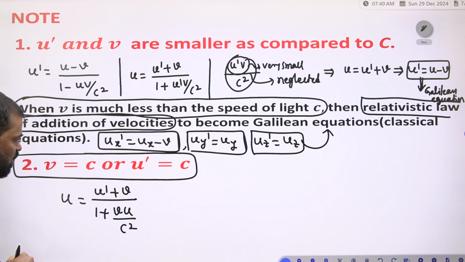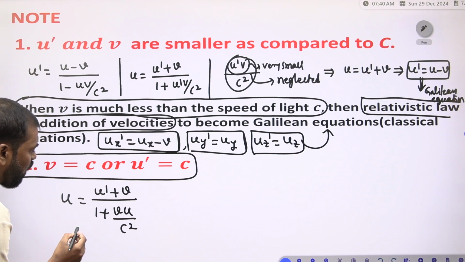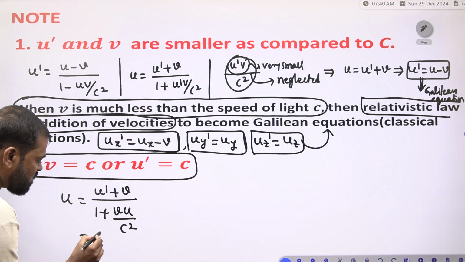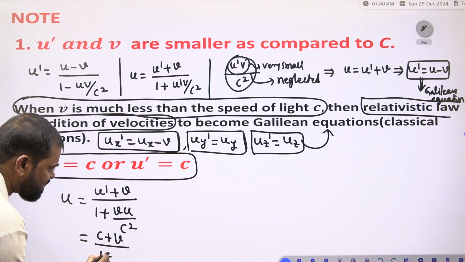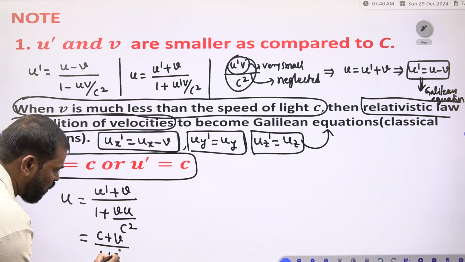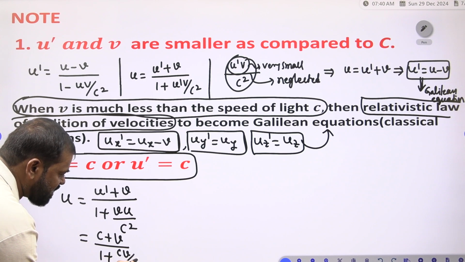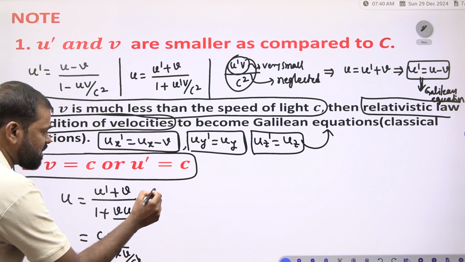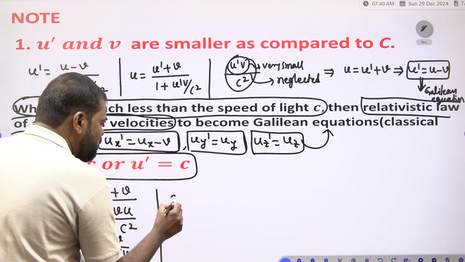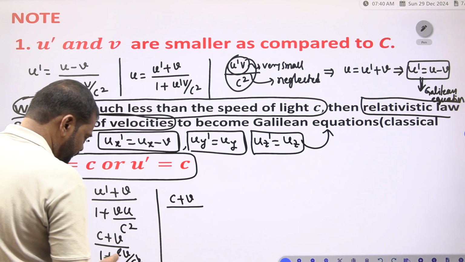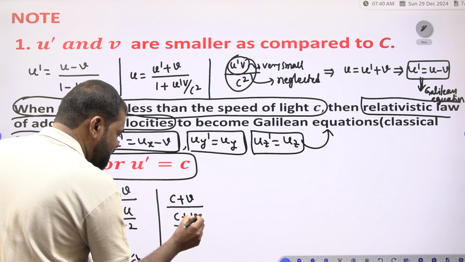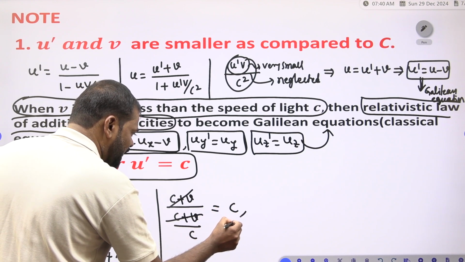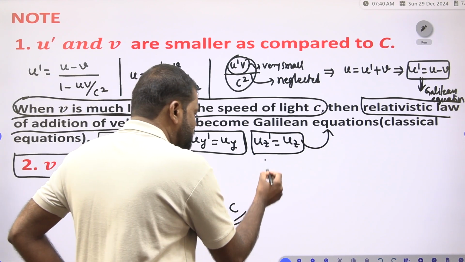Then we get (c plus v) divided by (1 plus v divided by c), the c cancels, and in the denominator taking the LCM, (c plus v) divided by c, the c plus v cancels.